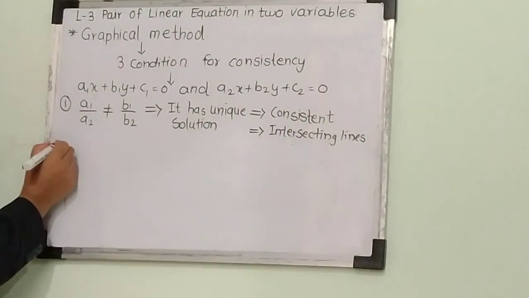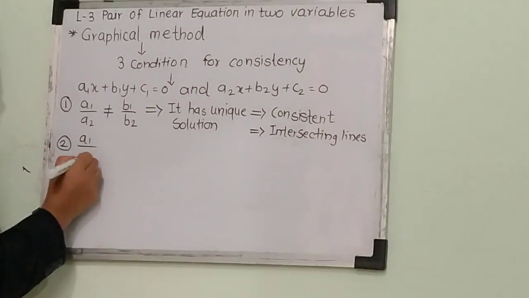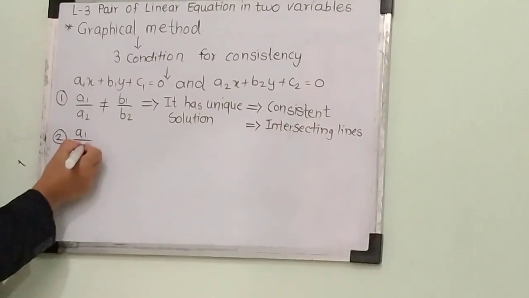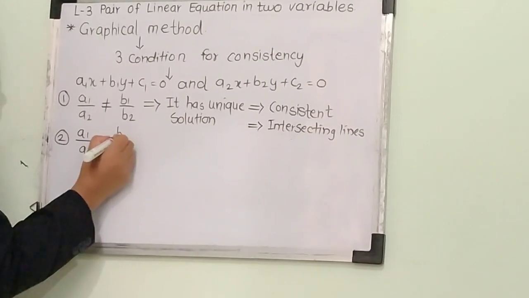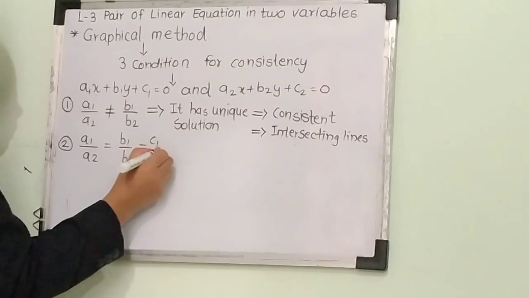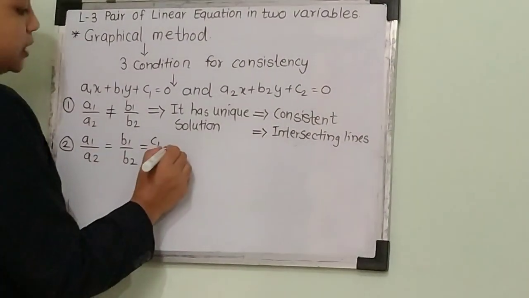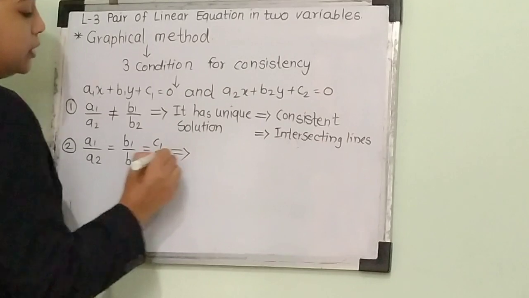Now the second condition, that is when we compare the ratios a1 upon a2 equals to b1 upon b2 equals to c1 upon c2. So here we get these three ratios are equal.